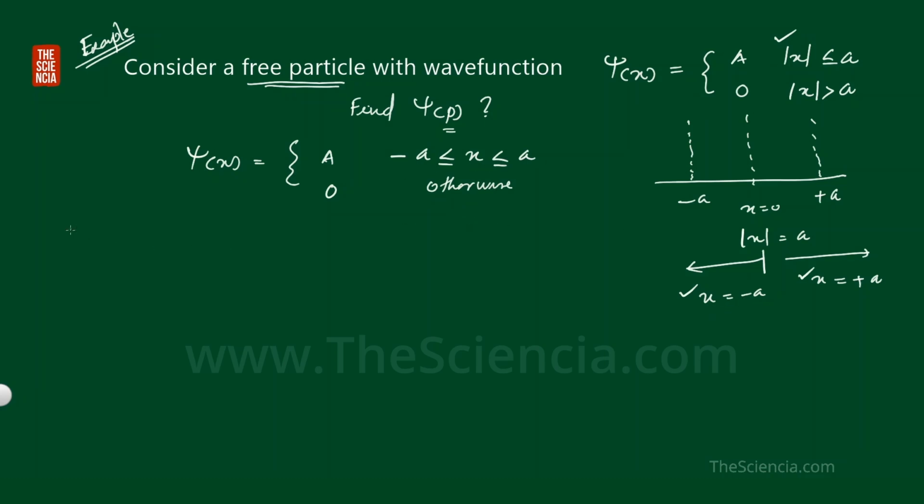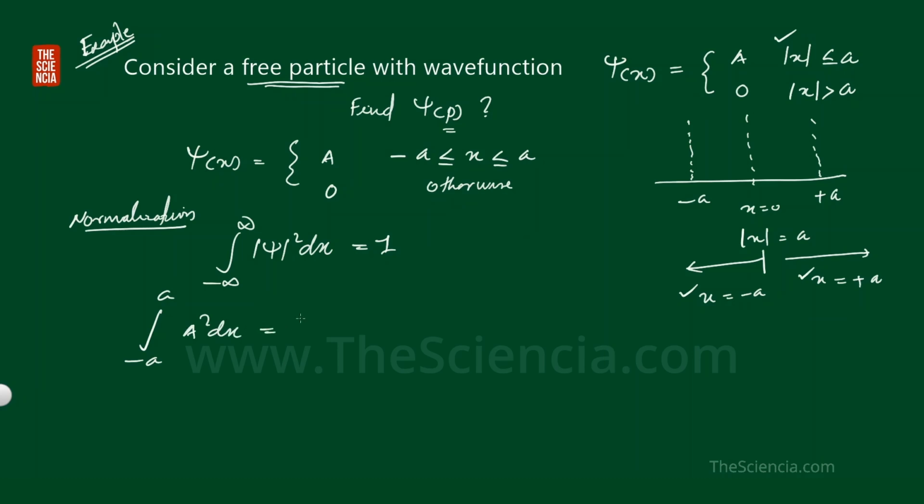So first we have to do the normalization. What is normalization? The integral from minus infinity to infinity of mod psi square dx should be equal to 1. Here the limit is only from minus a to a, and the wave function is a, so mod psi square will be a square dx, that is a square into x, with limits minus a to a.